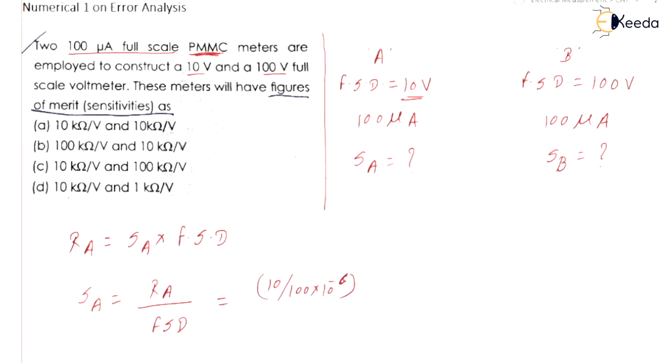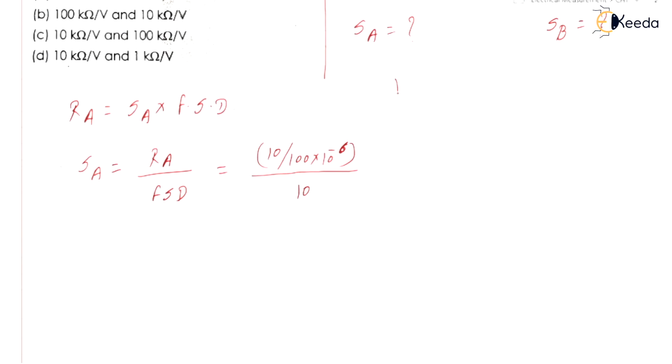This is the total resistance of the meter, because the voltage across the meter is 10 volt, and corresponding to the 10 volt, the current which is flowing through the meter is 100 microampere. So voltage divided by current gives the total resistance of the meter. Divided by the full scale deflection, which is 10.